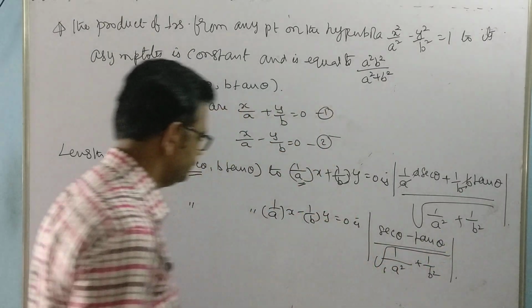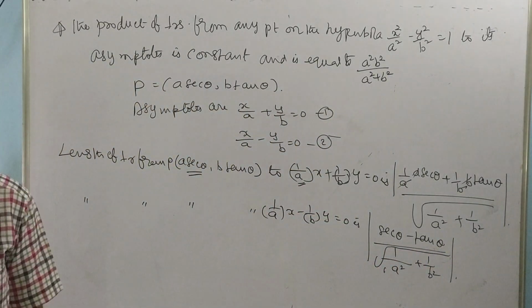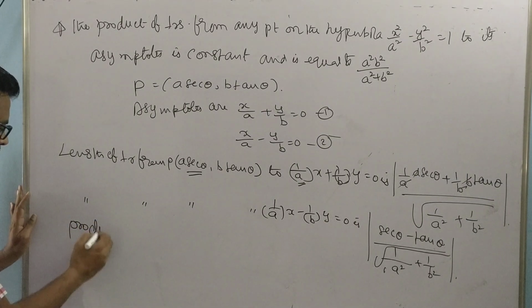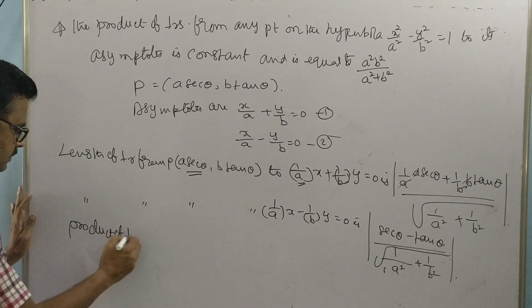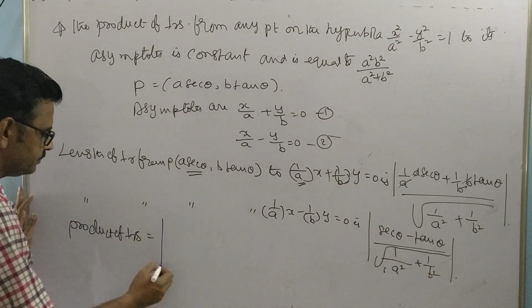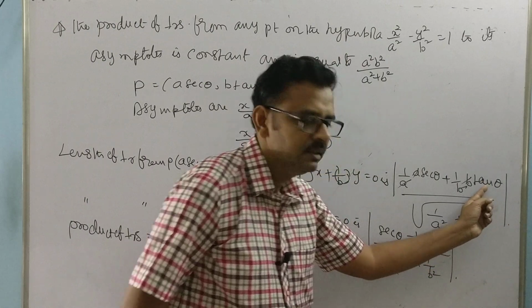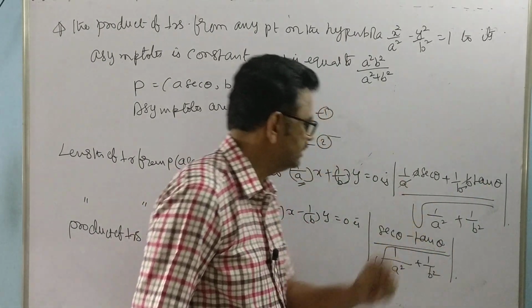Now the given question is the product of the perpendiculars, which is secant theta plus tan theta times secant theta minus tan theta.